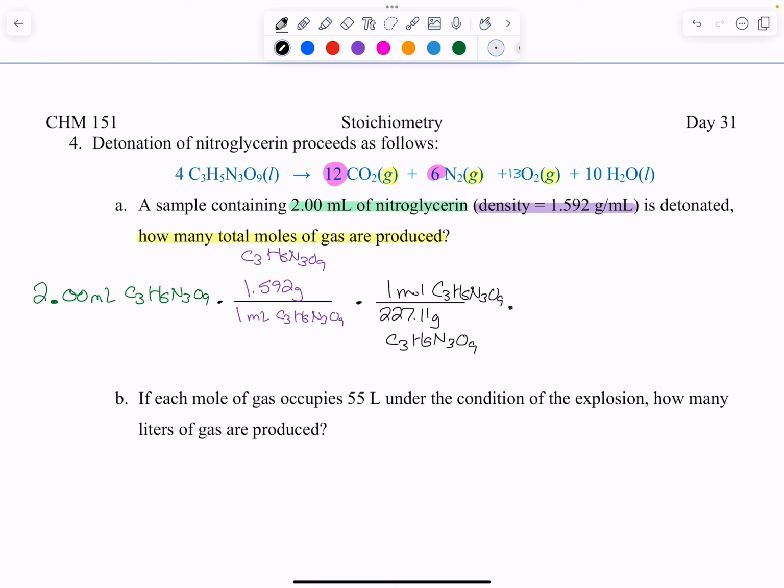All right. Then, what unit has to go on the bottom? Well, it looks like moles of C3H5N3O9. On top, we want moles of gas. And so we know 4 moles of nitroglycerin here. 12 plus 6 plus 13. I think that's 31.